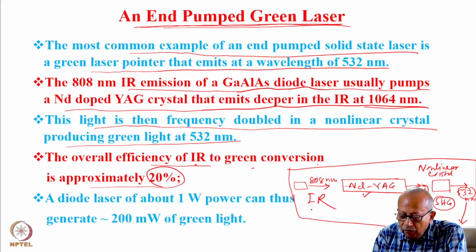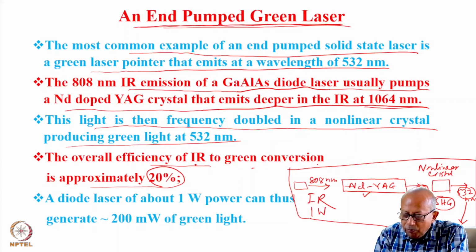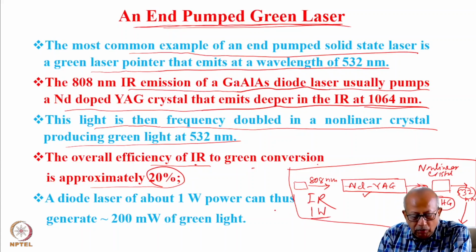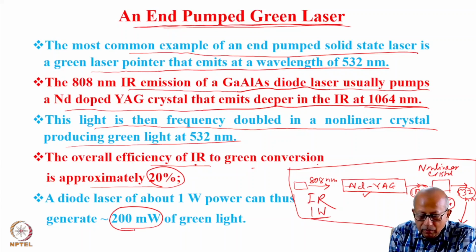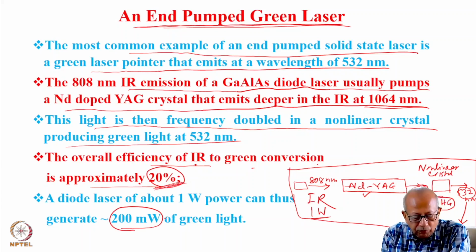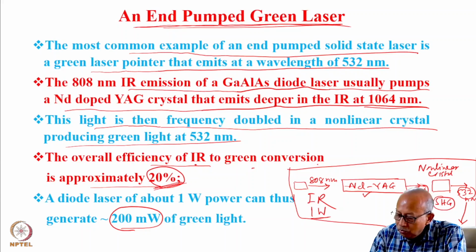That means if your diode laser gives you an output of 1 watt and you obtain this kind of conversion efficiency, you will generate 200 milliwatt of green light.